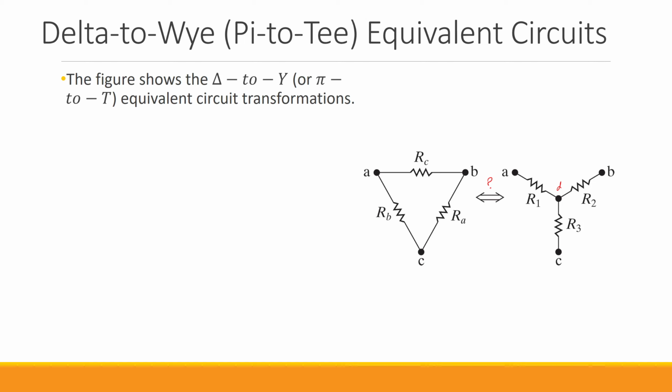If these two were in a box and you only had access to node A, node B, and node C, if some relationship exists between RA, RB, and RC, and also R1, R2, and R3, you cannot tell the difference only by looking at the terminals, right?